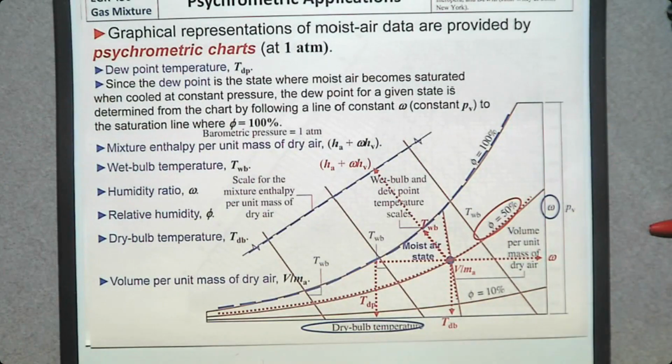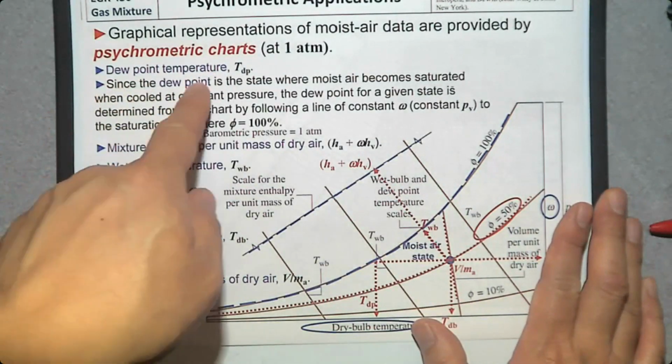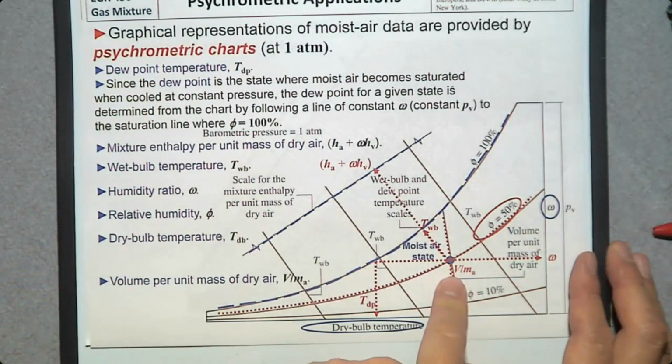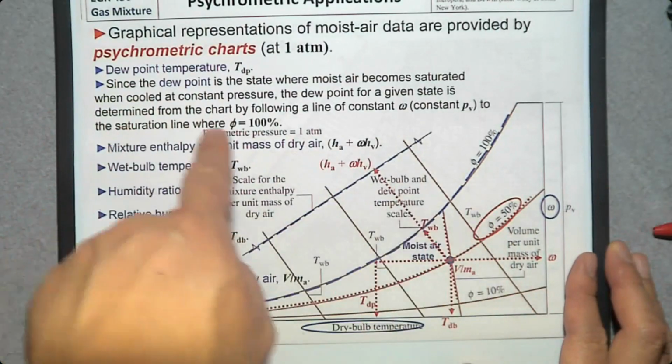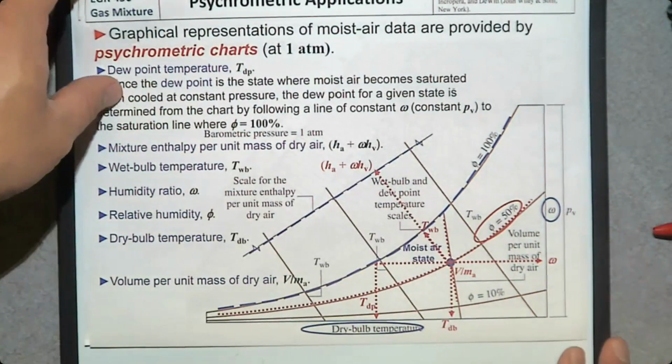Pretty easy, if you want to find these numbers, you can just go into the table and find the right location. But I recommend you use property tables as we use energy balance equations and entropy balance equations rather than using the chart. So that's everything about moist air.